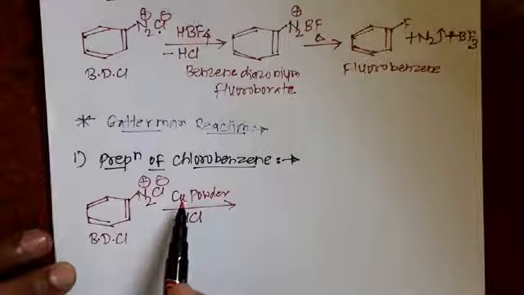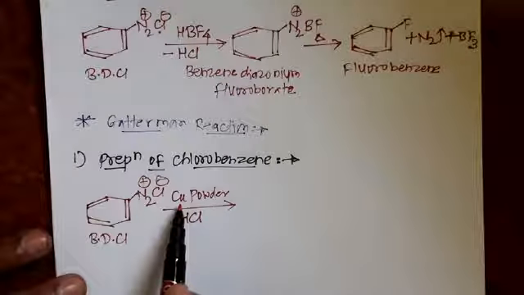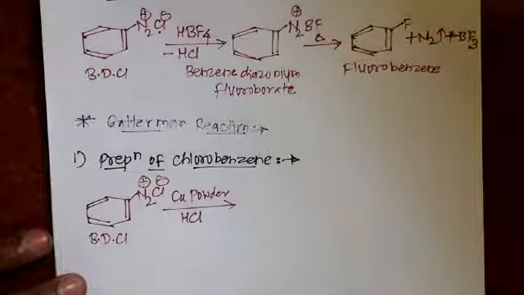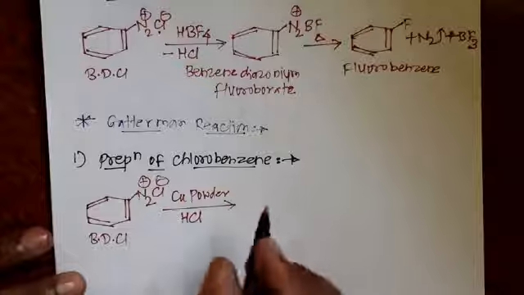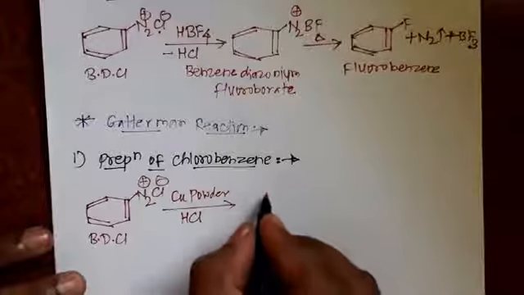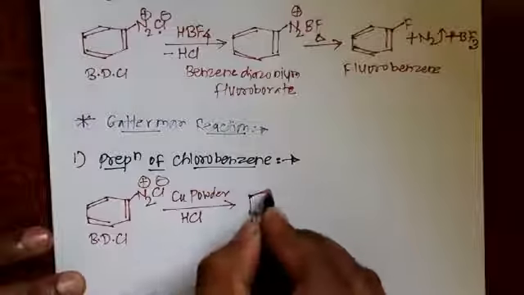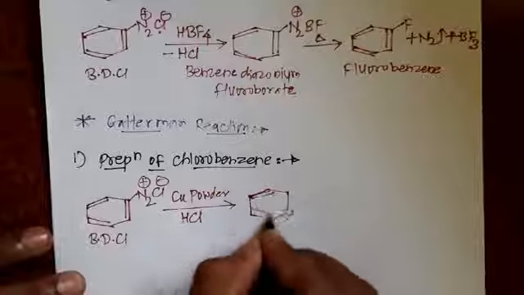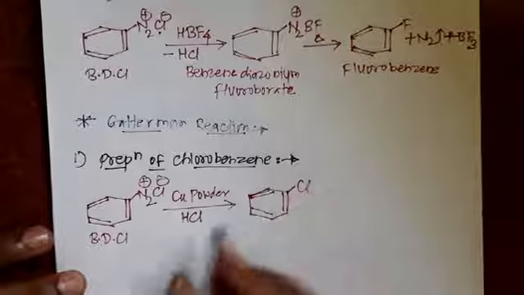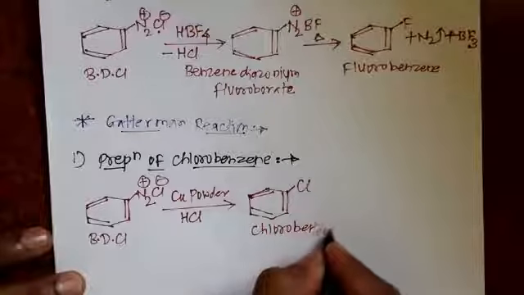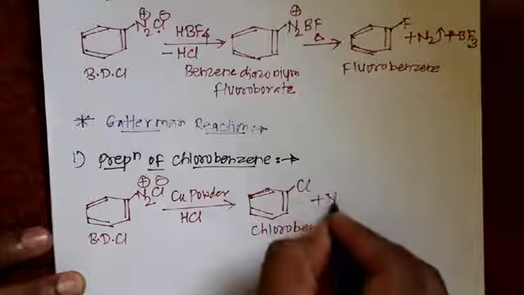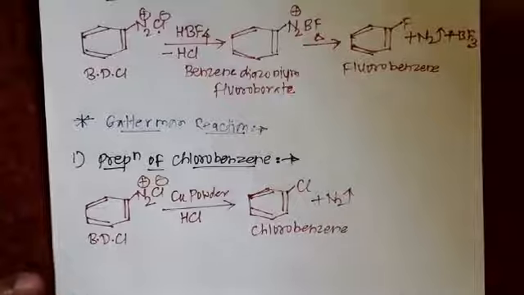In the Sandmeyer reaction we took the cuprous salt, but here we take copper powder. Then it gives the similar product as the Sandmeyer reaction, that is chlorobenzene, and N2 gas expels out.